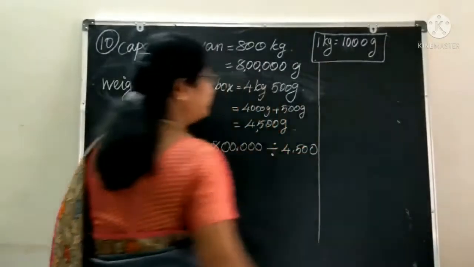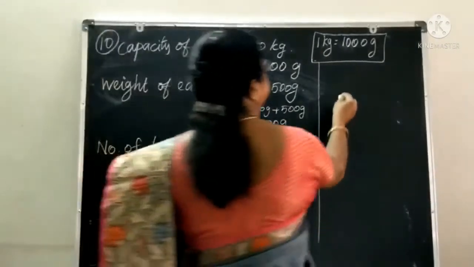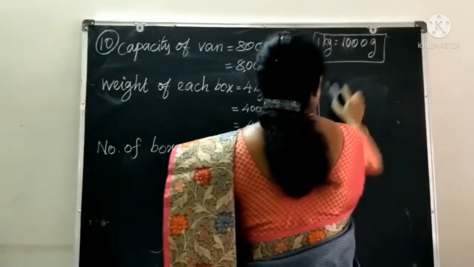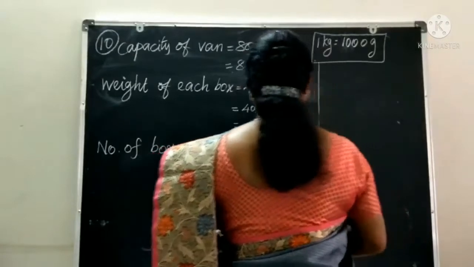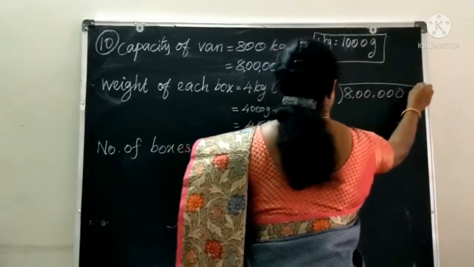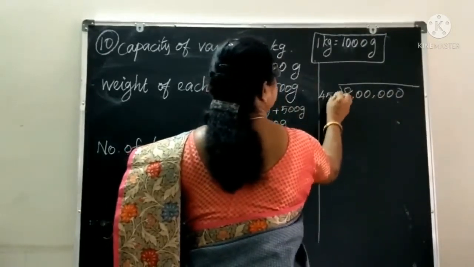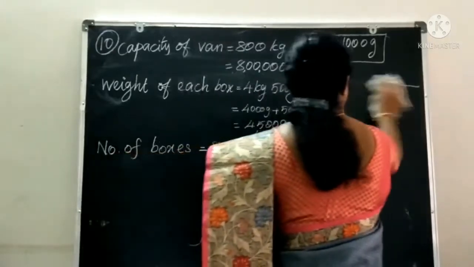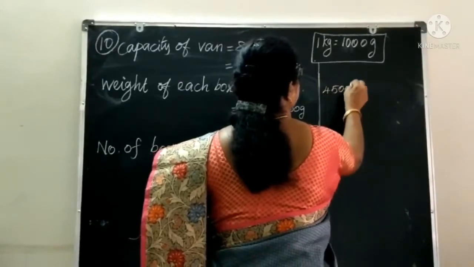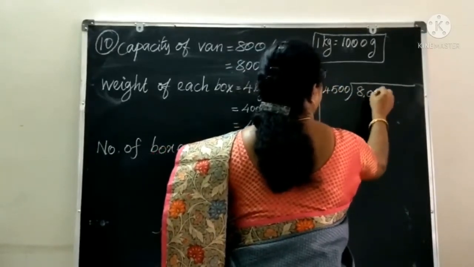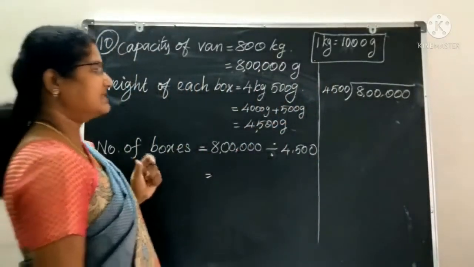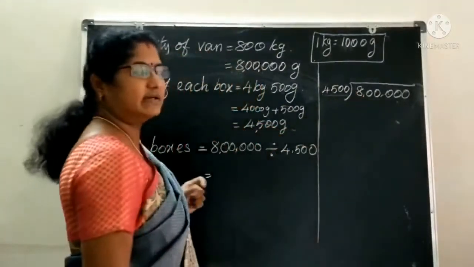Okay, we have to divide. So in the same way, how many digits are there in the divisor? 4 digits.